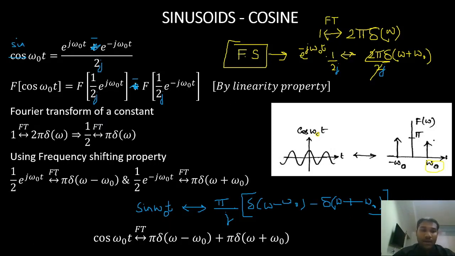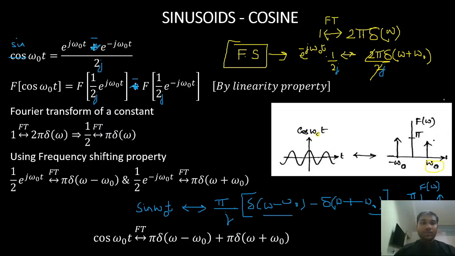So how does my amplitude spectrum look? At omega equals omega naught, I have an impulse with strength pi, and at omega equals negative omega naught, I have an impulse with strength minus pi. This is my F of omega versus omega.